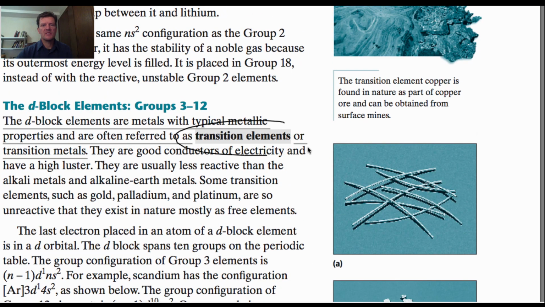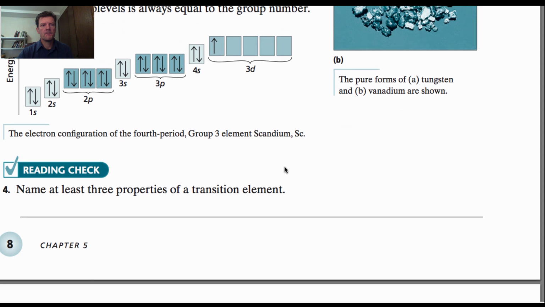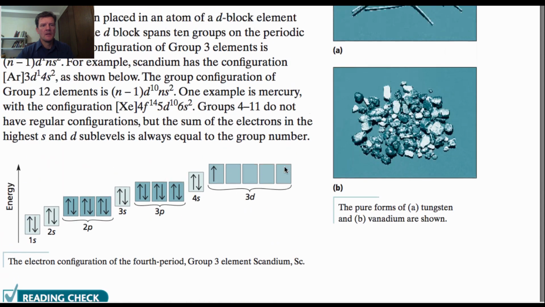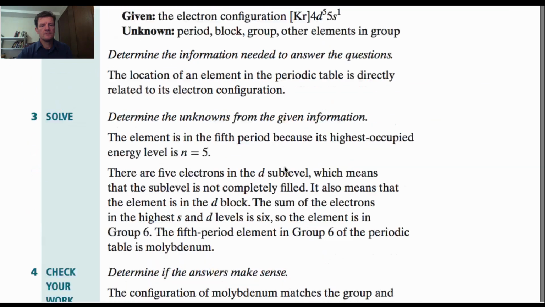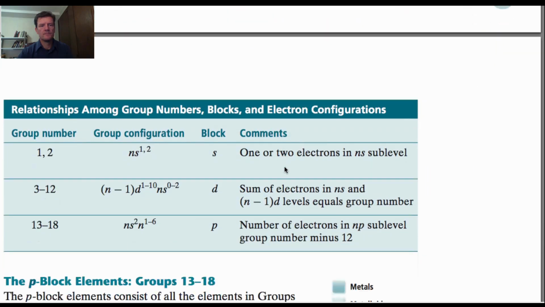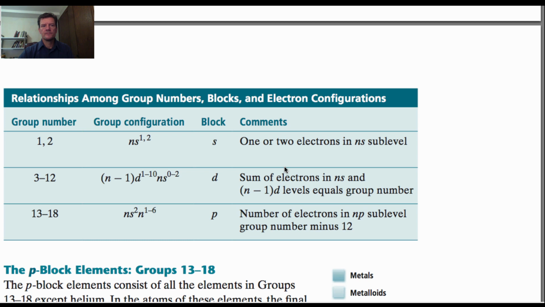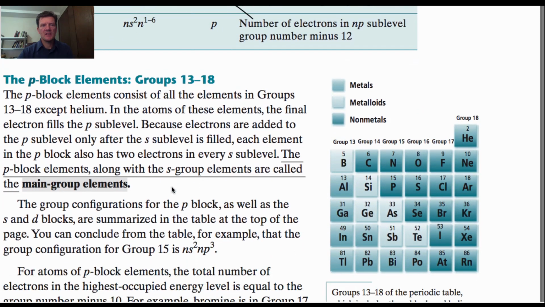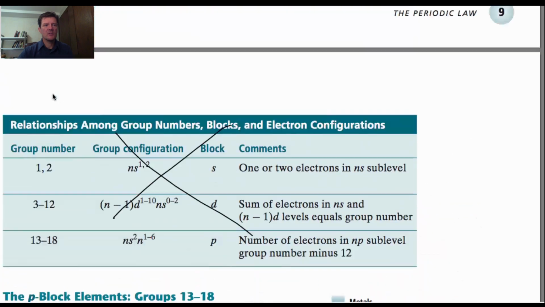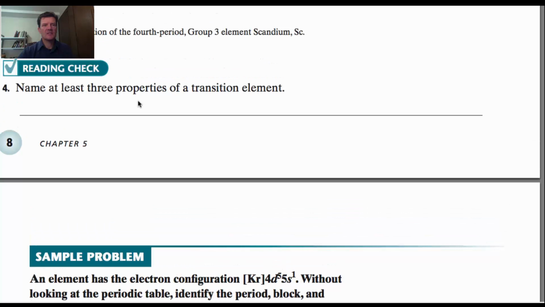I mentioned these transition metals already. We won't worry about that right there, but we will mention, as I already did, this. We already talked about the S block, where the S block is located.